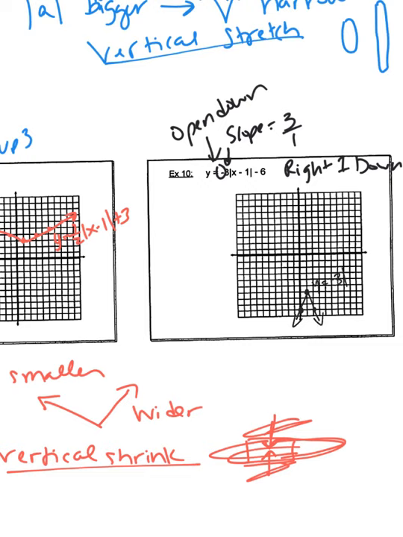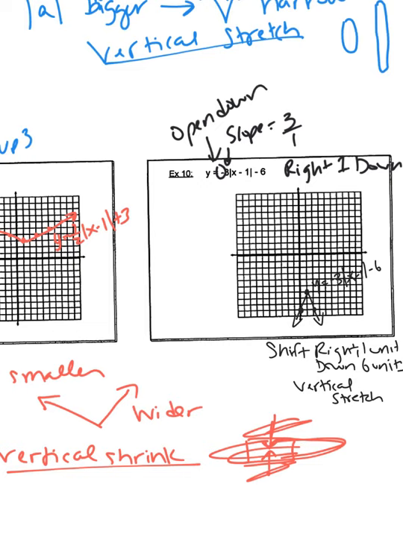If somebody asks you to describe the translation, here I would say it's a shift right 1 unit and down 6 units. It's also a vertical stretch because it's become more narrow because of the 3.